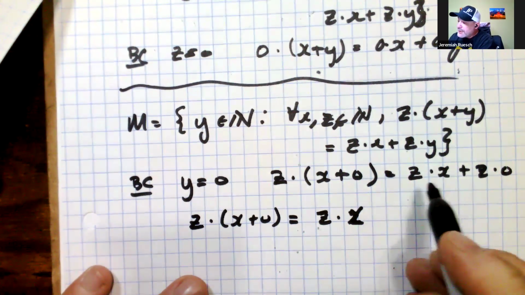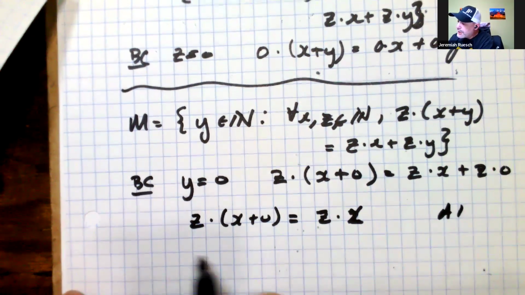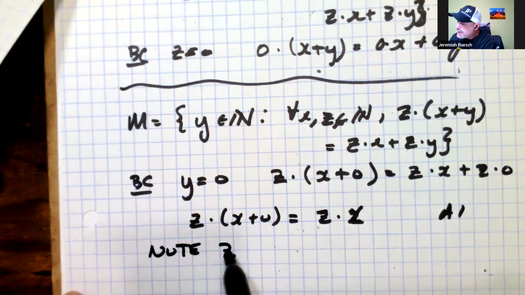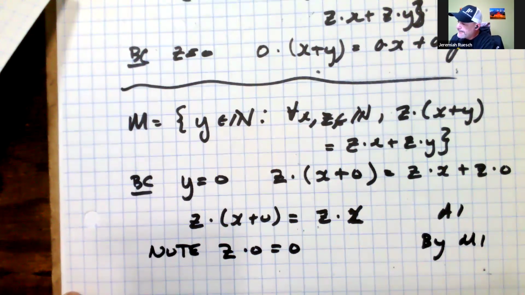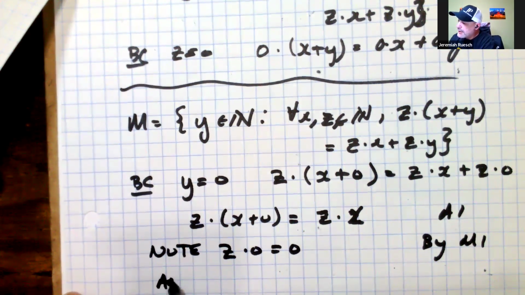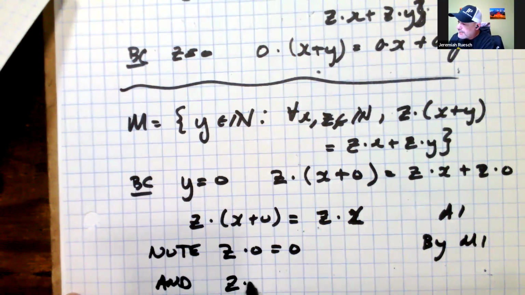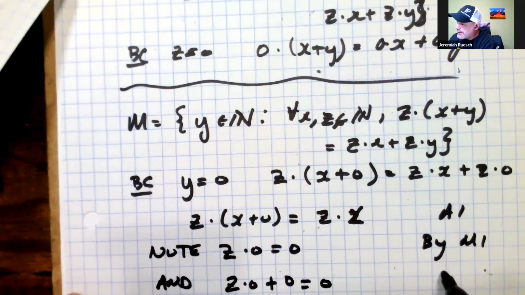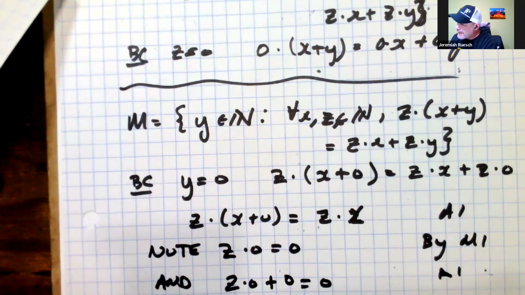And then that doesn't quite look like this, but I also can note that z times 0 is equal to 0 by M1, and z times 0 plus 0 is equal to 0 by A1.